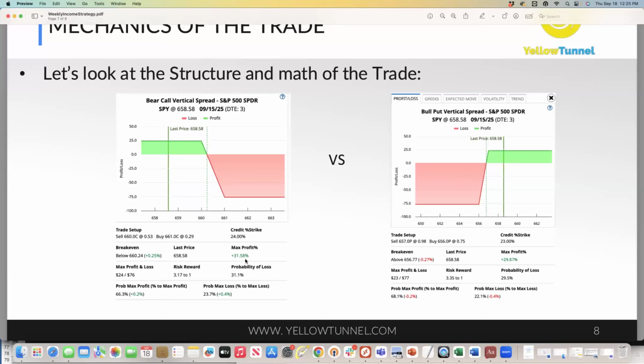And does it make sense to structure your trade that way? Sometimes people sell way out of the money options and collect maybe 5 cents, but the maximum loss is $1. Well, that means that if you have one bad trade where you have a maximum loss, you have to have 20 successful trades to break even, right?